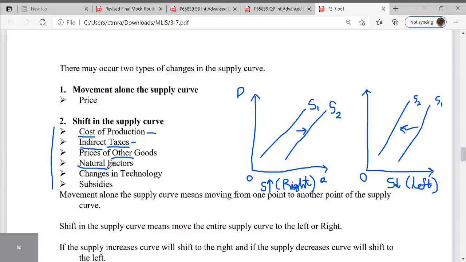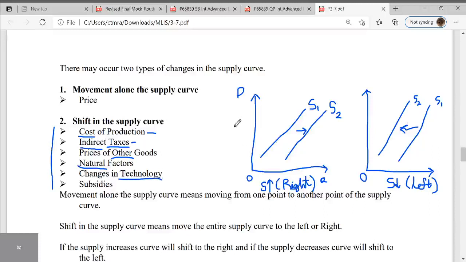Your crops will be destroyed, and the supply of rice will fall. Okay. So this is important. So if sufficient rainfall and all the other weather conditions are in a perfect state, then we can say yeah, supply will increase. Rightward shift, right?